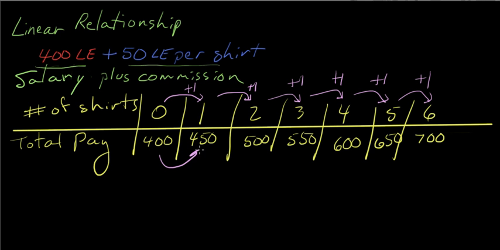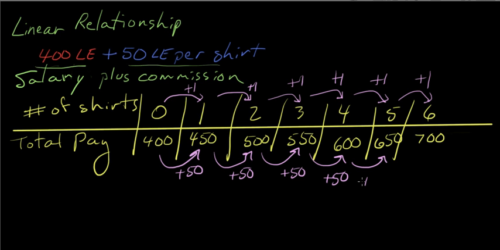Down here, every time I go up a notch, I add 50. I add the same amount each time, whether it's on the top or on the bottom. Now obviously 50 and 1 are not the same amount, so I'm adding 1 each time here, I'm adding 50 each time here, but I'm adding the same amount each time.